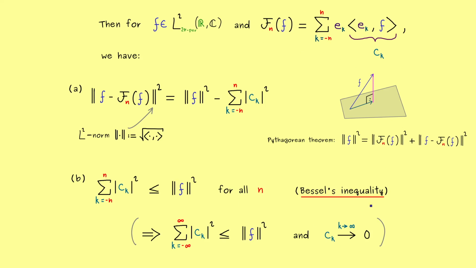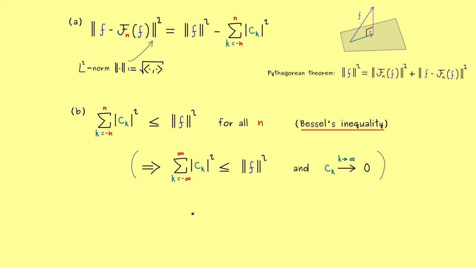However, Bessel's inequality is very nice, but not good enough for us, because as you remember, we want to have the right-hand side going to zero in the end. Hence, what we actually want in the end in the limit here is an equality. Therefore, the statement we get here is that we have the L2 convergence of the Fourier series to f, which means that this norm here goes to zero when n goes to infinity, if and only if we have the equality in Bessel's inequality.